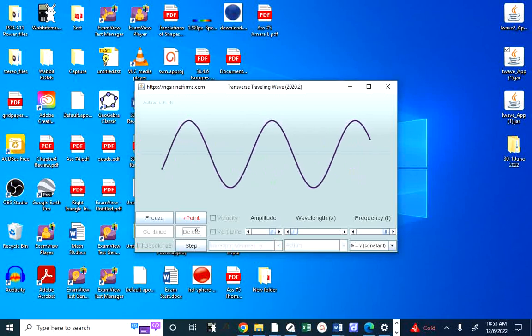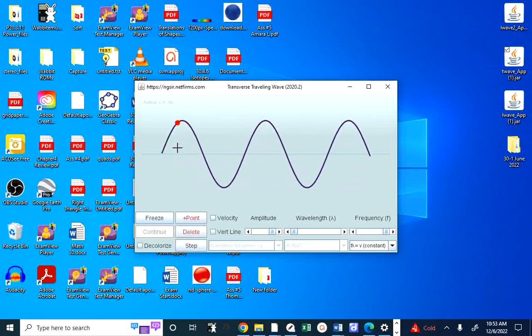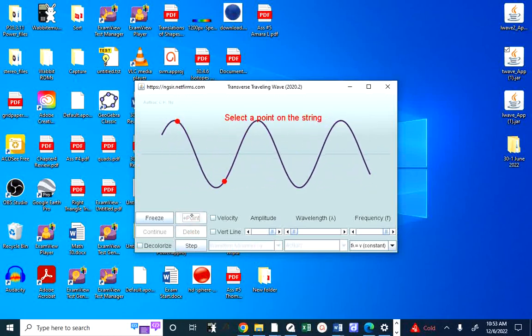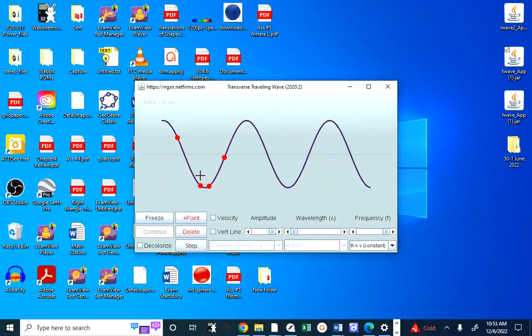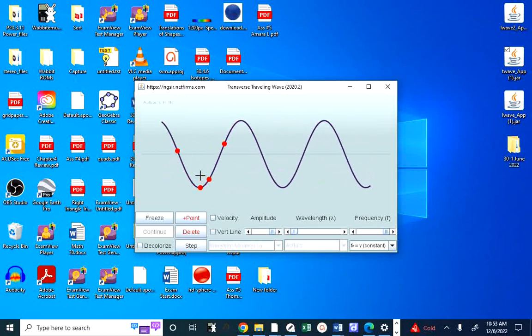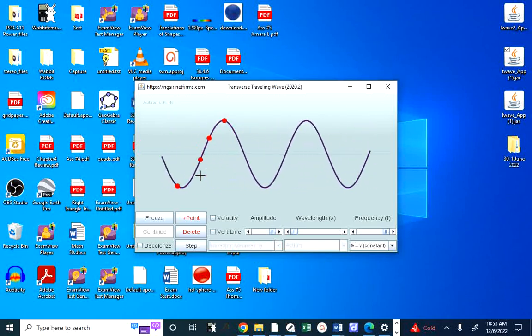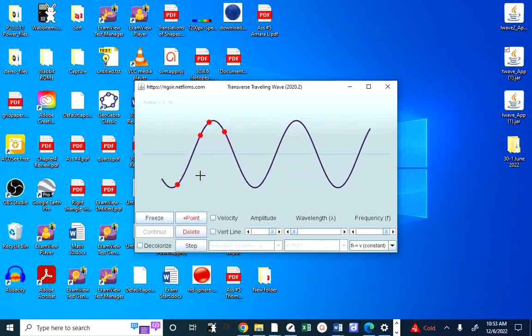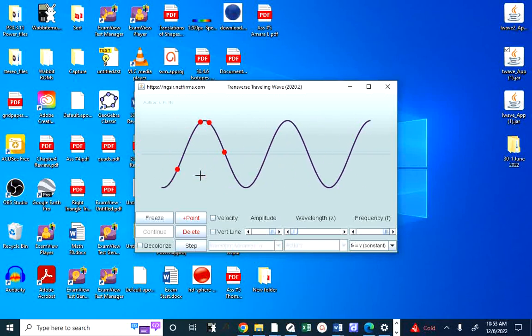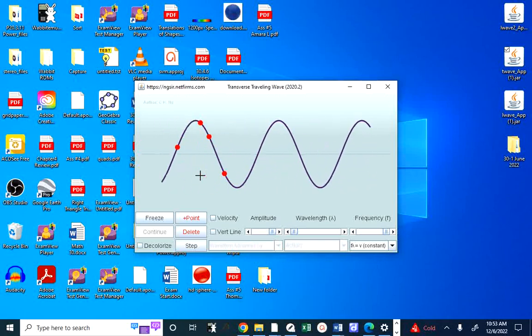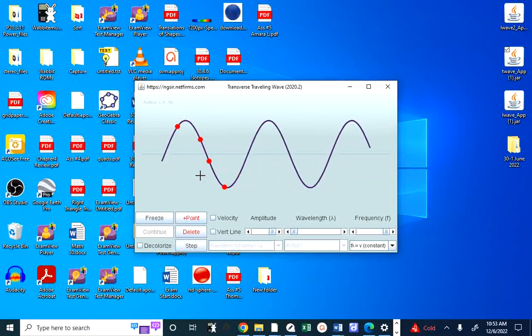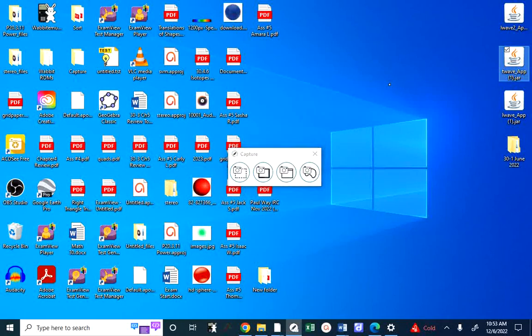But if I add a point and another point and another point, then you can start to see what's happening, which is that each of the pieces of the wave is experiencing this periodic motion. By the way, that is not the only type of wave that we're going to be studying.